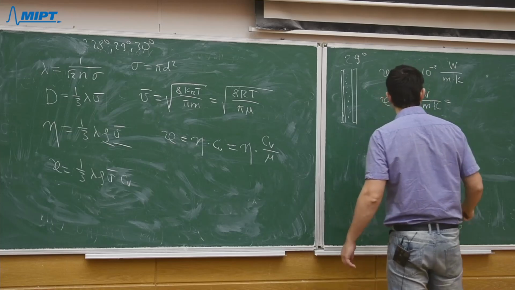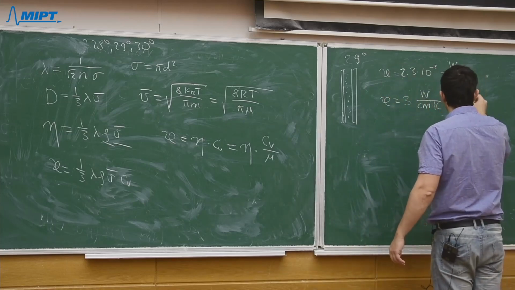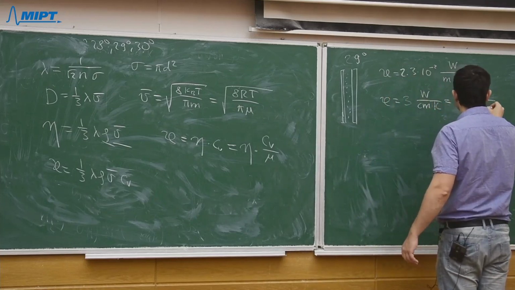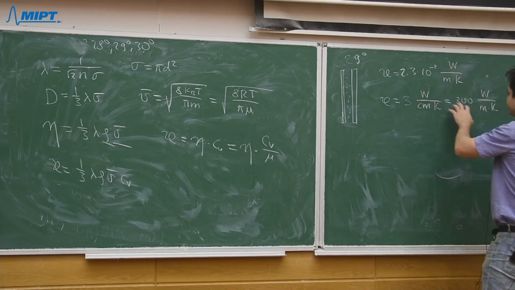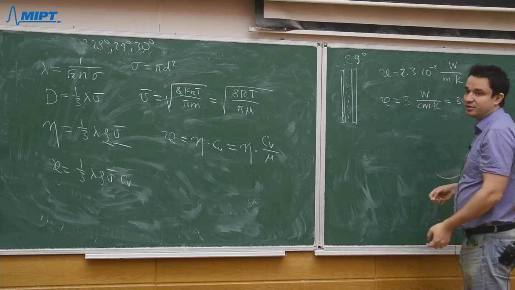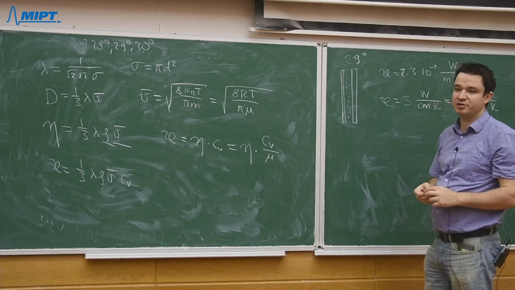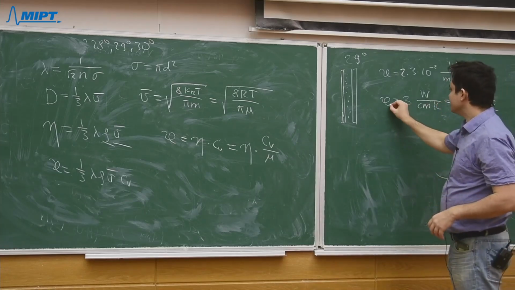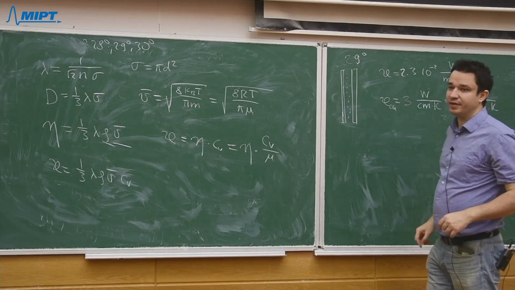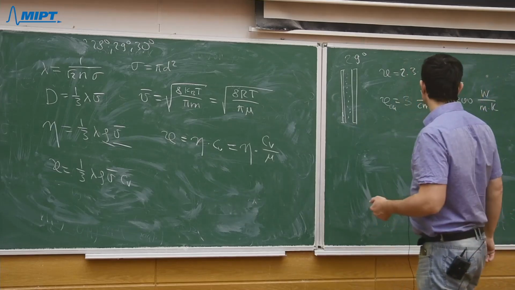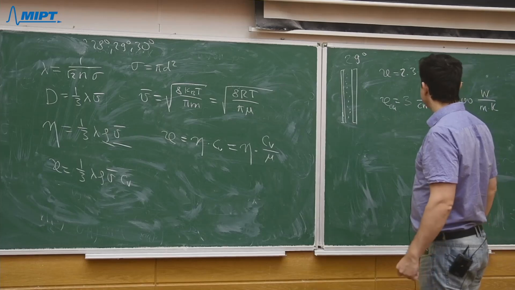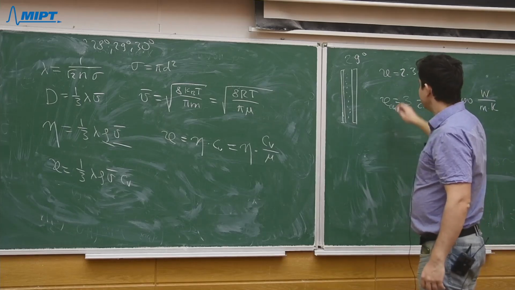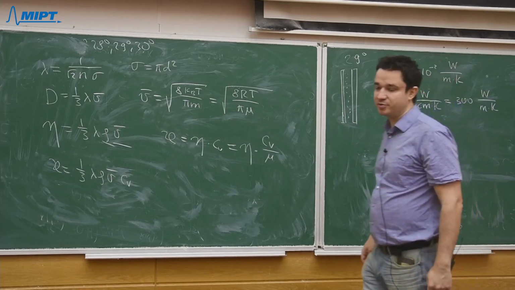Per centimeter. So that means 300 watts per meter per Kelvin. If you compare 300 with this one, it means that we have a 4 order of magnitude difference. That's really huge. So this is for copper, metallic bodies have really good thermal conductivity. Well, in the case of air, it's really small.